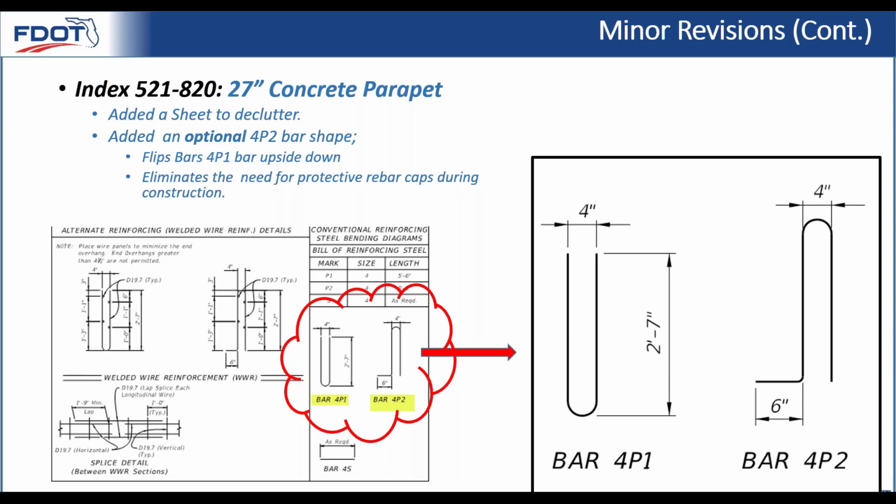So this is an option that the contractor can use, and it's up to him to space it so that he doesn't burn up his drill bits trying to put the bullet rail in. It was a real tight index, had a lot of stuff, so we've added another page just to clean it up and make this more clear.